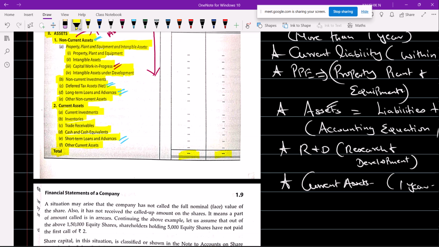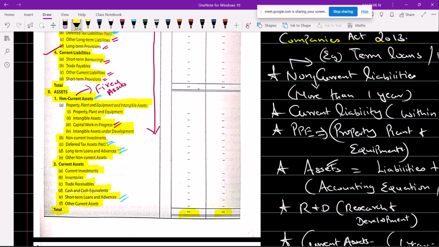Which means this particular total of liability and this particular total of asset must be equal. The same way, this particular total of your liability and this particular total of your asset must be equal. Only then we declare that the balance sheet is perfect and it is pakka.